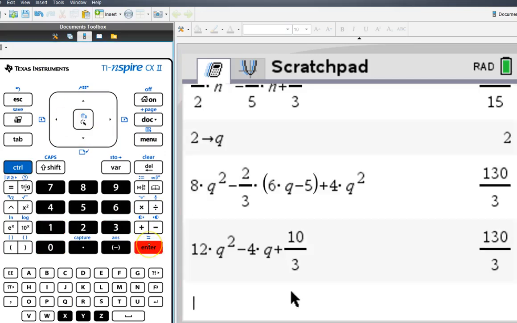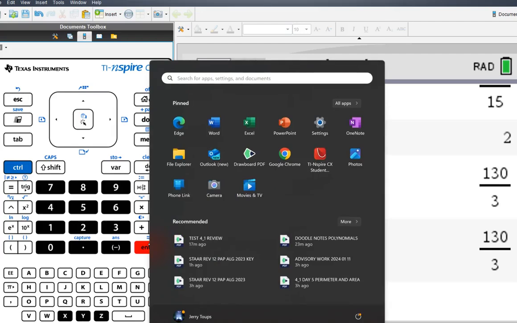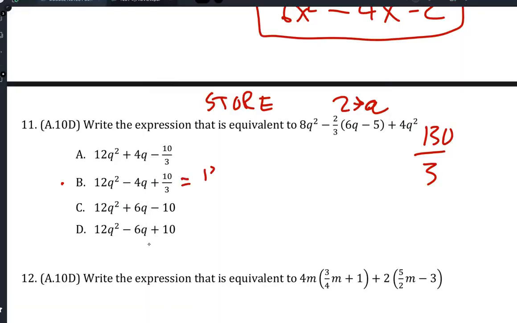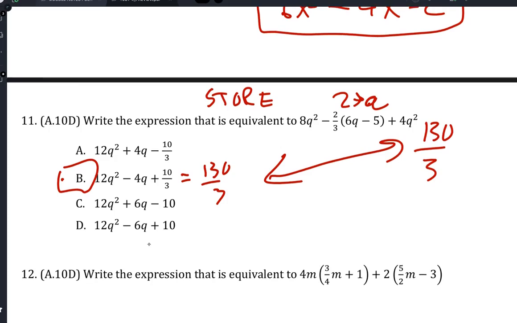We're going to hit enter, and we get the 130 over 3, don't we? So that's going to be our answer there. So B equals 130 over 3. And these match up. This is the right answer. Remember, if you can't get it first, you just got to keep trying until it matches up, okay?